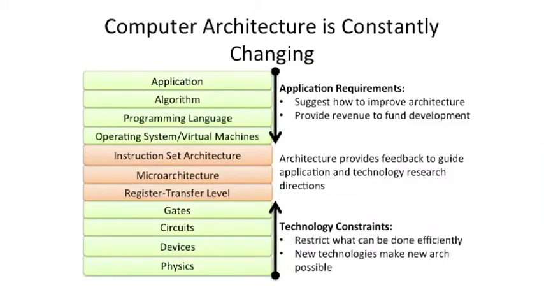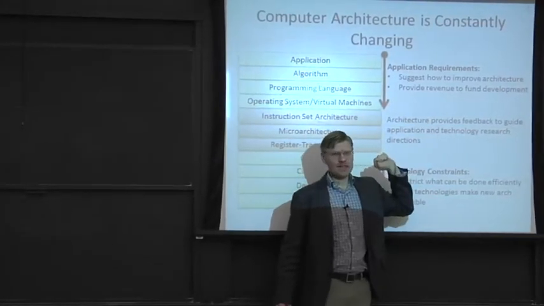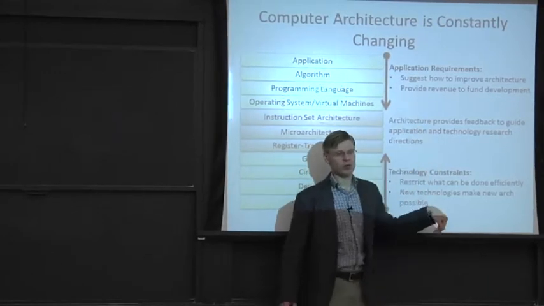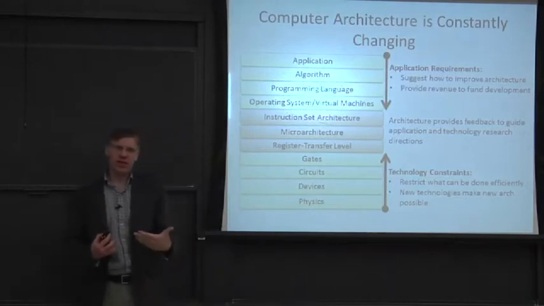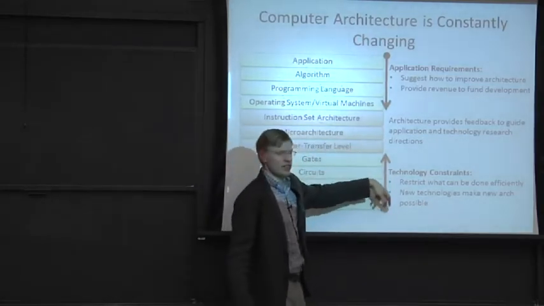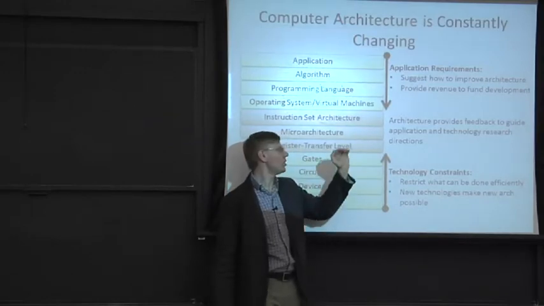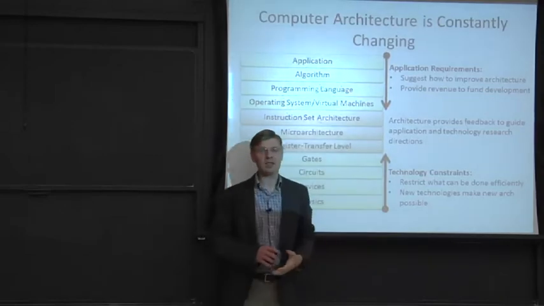And what's the interesting thing here is that computer architecture is not done in a vacuum. So computer architecture actually provides feedback up and down this abstraction layer stack. It'll influence the research directions that technology looks at, and influence different applications that are possible.